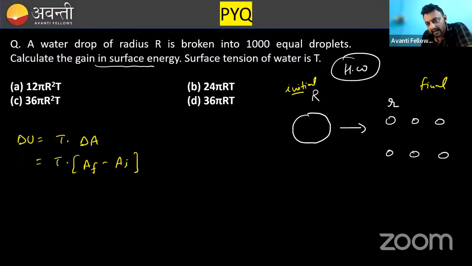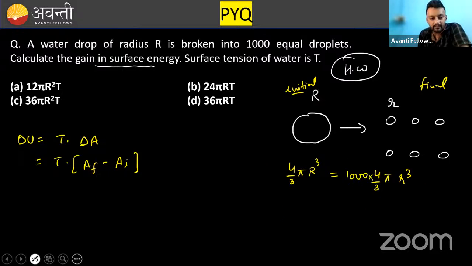Now listen. Can you say that 1,000 droplets are made using this one large drop? That means the water content will remain the same, that means the volume of water will remain the same. So the volume here is 4 by 3 pi capital R cube, equal to 4 by 3 pi small r cube. But this is the volume of one drop. How many drops are there? 1,000 drops are there.